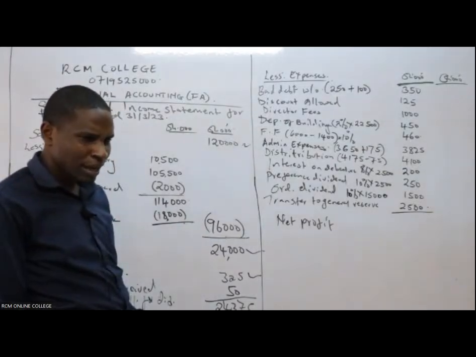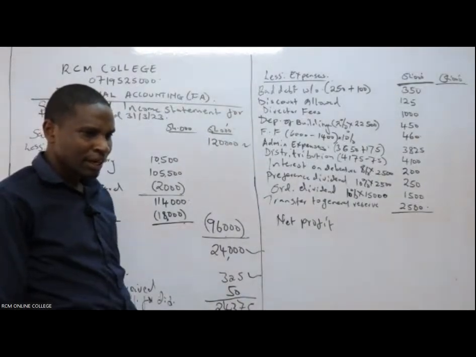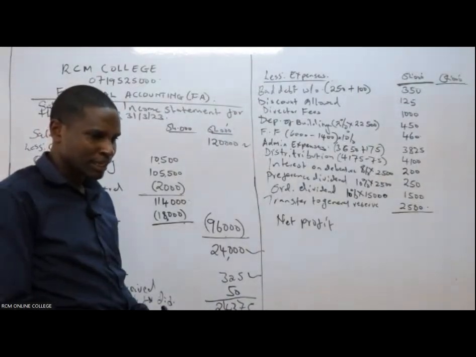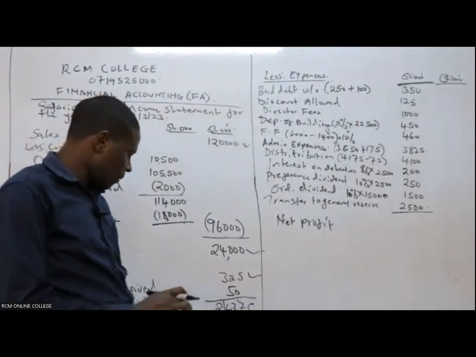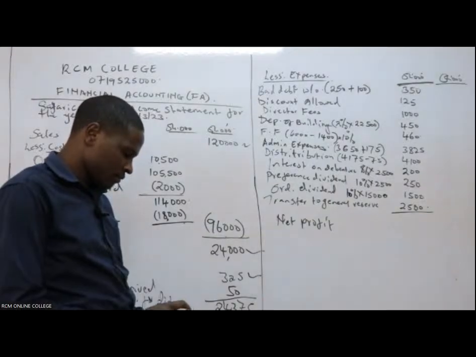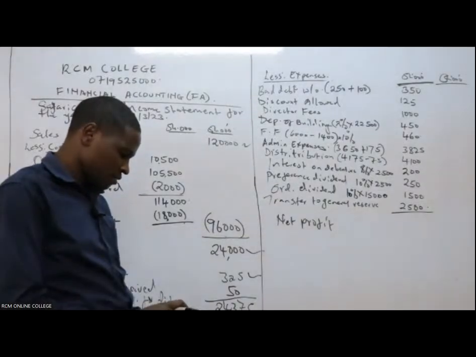Now Sharon has got 14,760. Sharon now gets 14,760. If we take 24,375 minus 14,760.